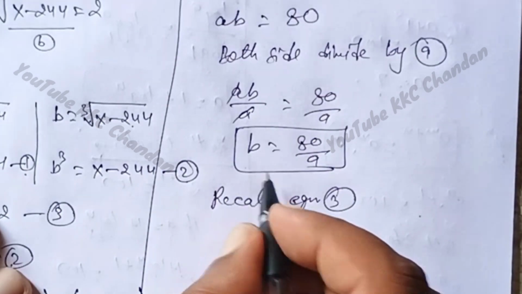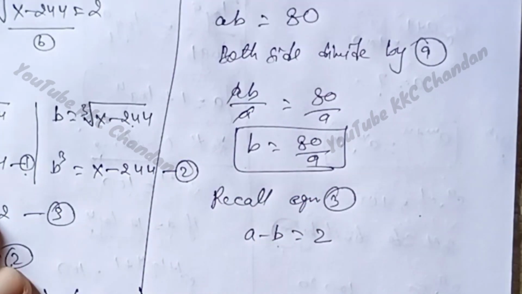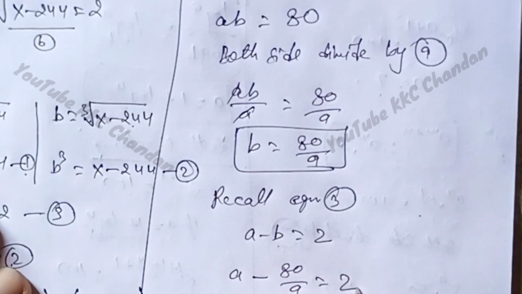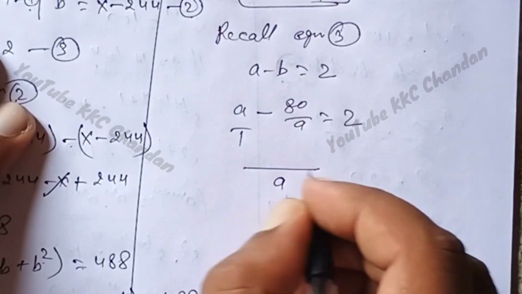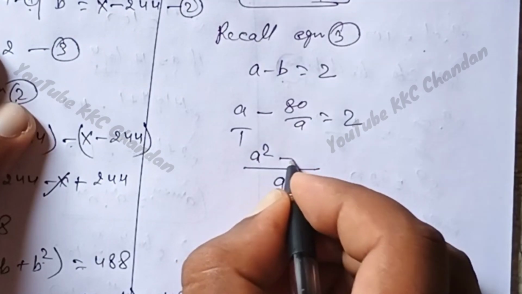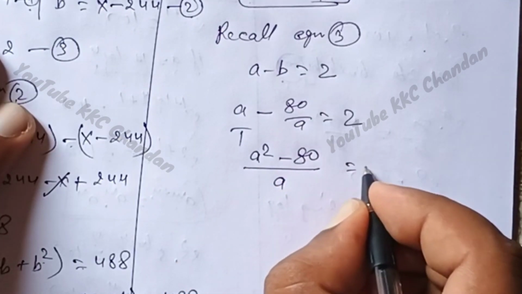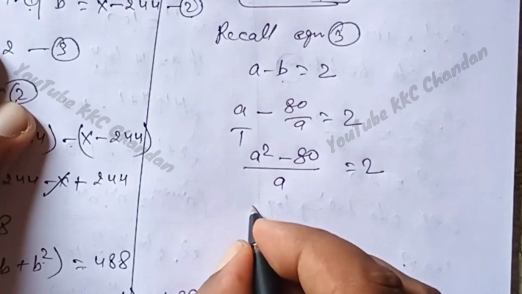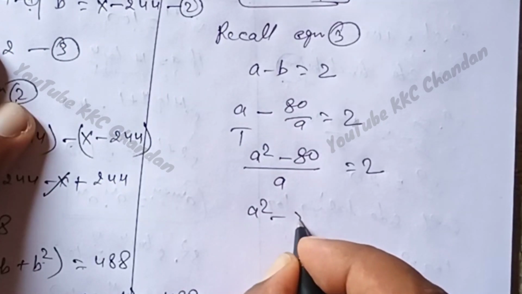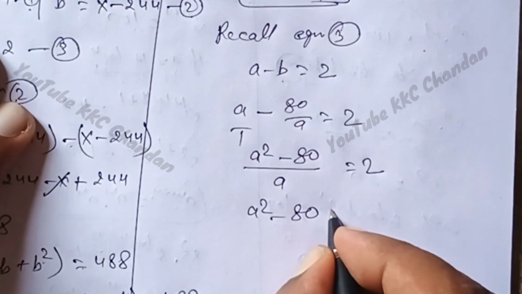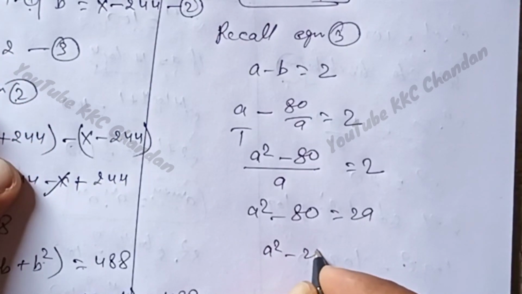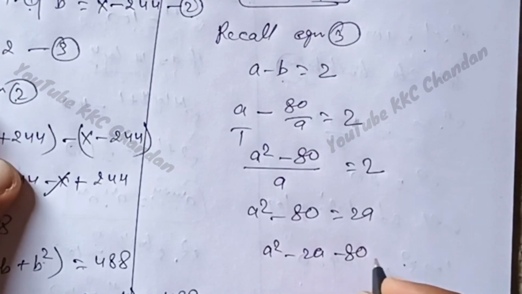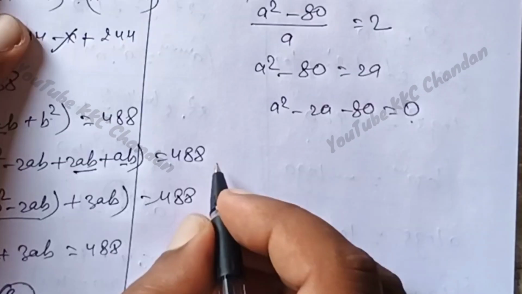So in place of B, put this value. A minus 80 divided by A is equal to 2. Taking LCM, A square minus 80 is equal to 2A. This comes this side: A square minus 2A minus 80 is equal to 0.